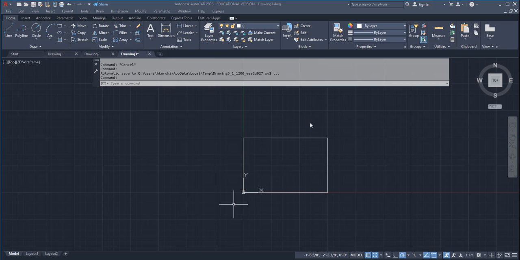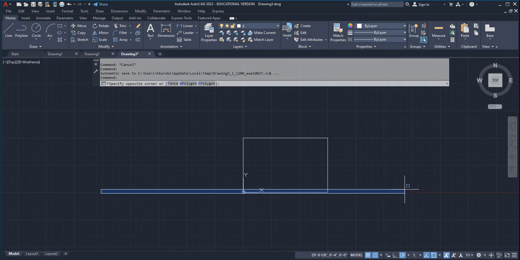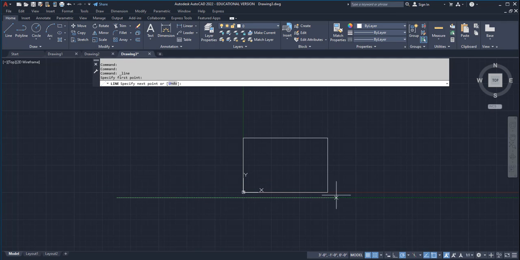So in this quadrant right here, if we draw a line coming across this way and a line coming across this way, we have positive X, positive Y, just like how we drew it on the board here. So if we need to draw towards that direction, we just need to type in that way.